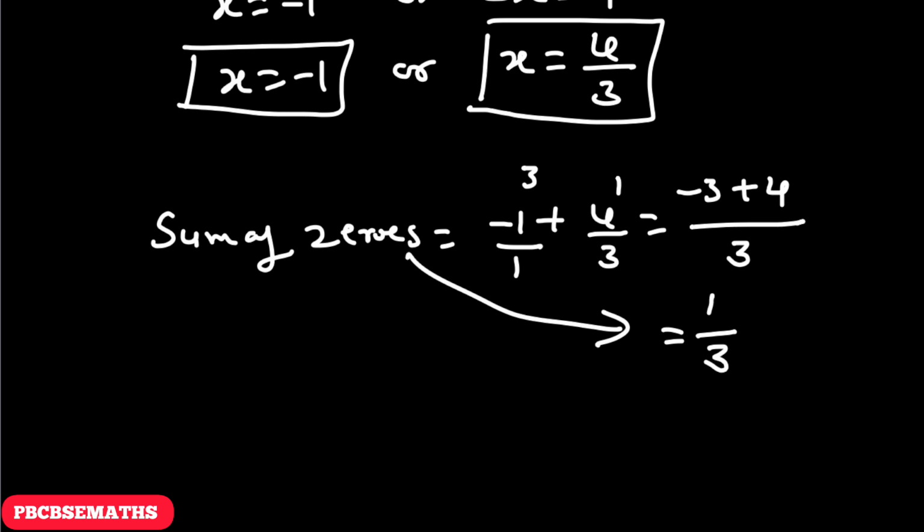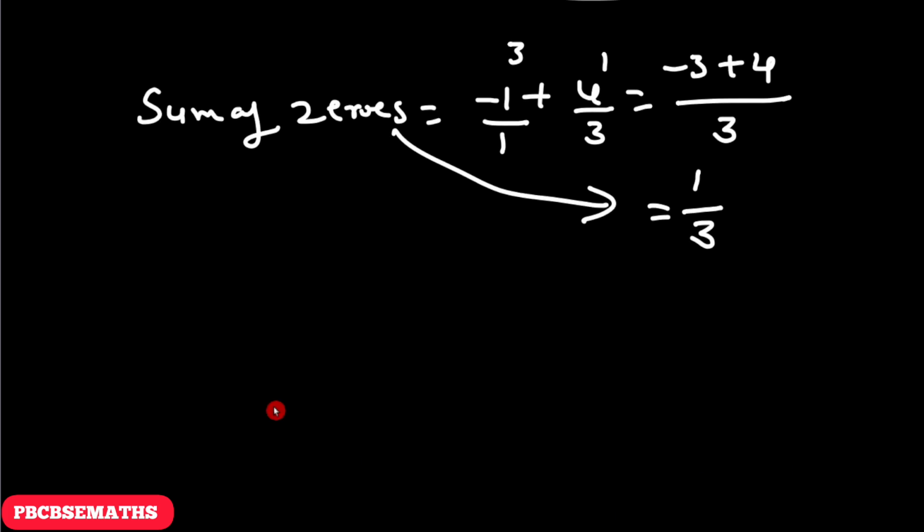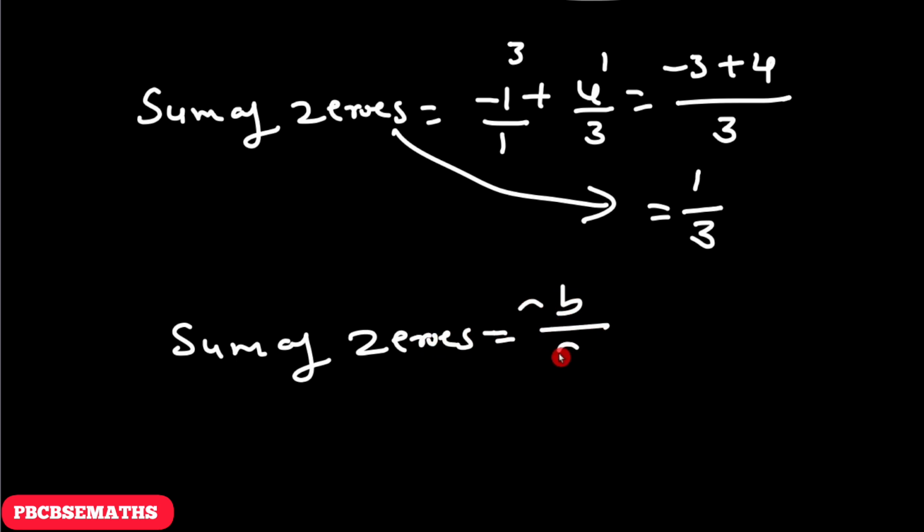Let's verify it. We know that sum of the zeros is always equals to minus b by a, that is minus of coefficient of x divided by coefficient of x squared. Here the coefficient of x is minus 1.